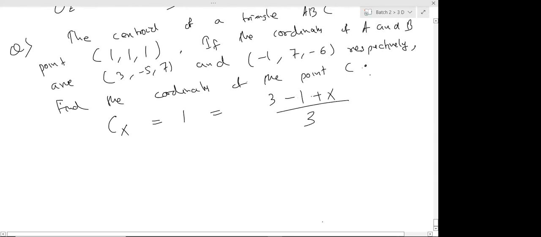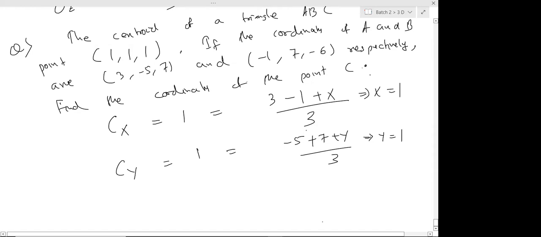So this is 2, so the coordinate of x is 2. Cy is 1, and this will equal minus 5 plus 7 plus y upon 3. So y is also 1.